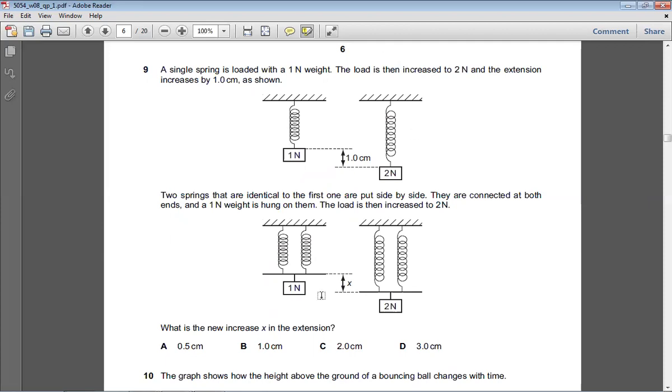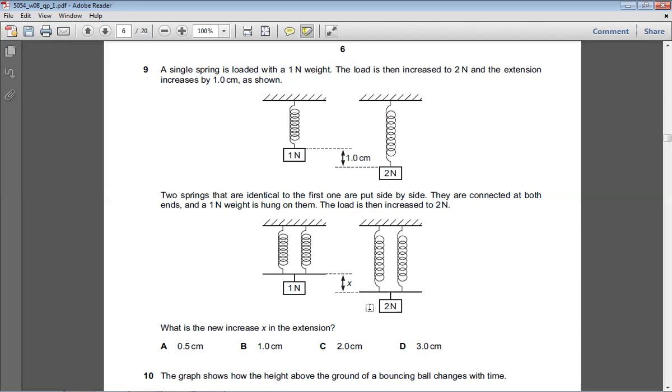Here you have two springs which are parallel to each other. Now the increase in the load will be divided on both the springs. Each spring will not experience an increment of 1 Newton load; that increment is divided on both springs, so each spring individually experiences an increment in the load of only 0.5 Newton.